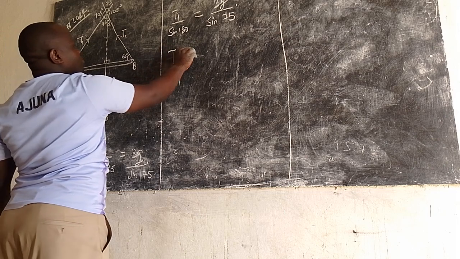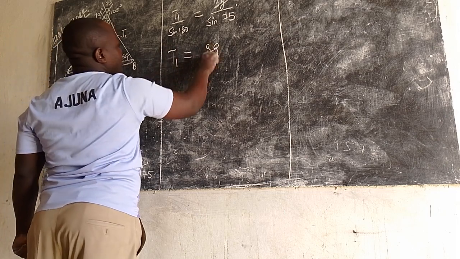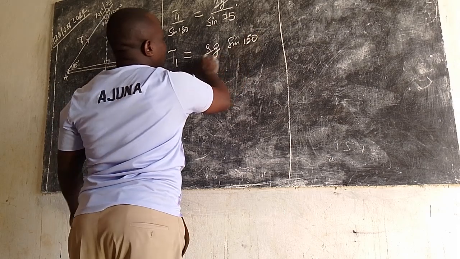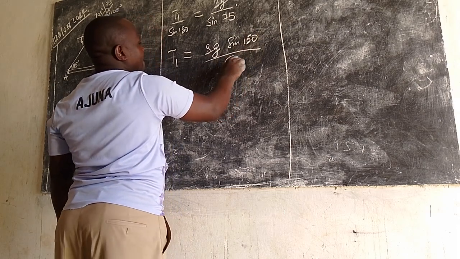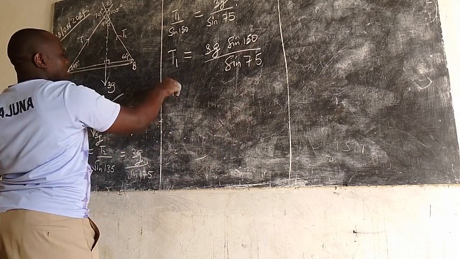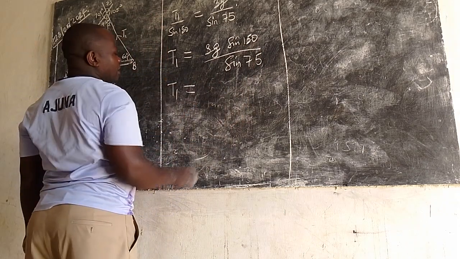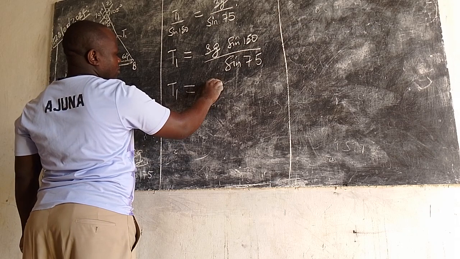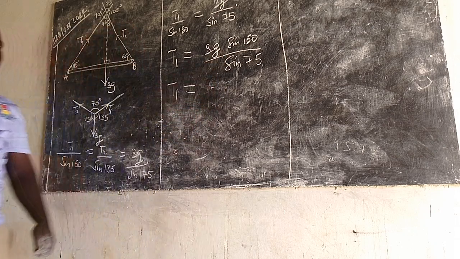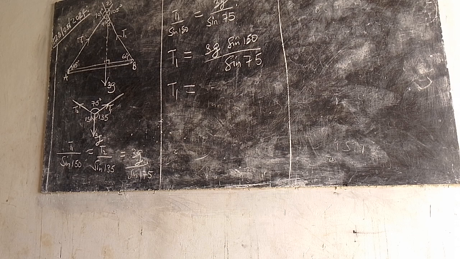So I'm going to cross multiply: T1 is 3G sine 150 over sine 75. What is the answer? Punch the whole thing in the calculator: 29.4 sine 150 over sine 75.